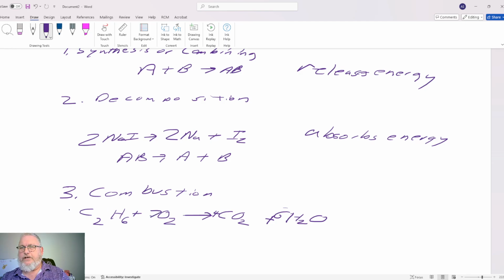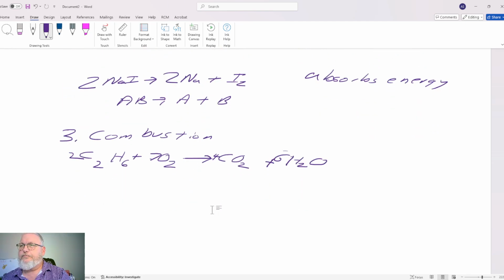And now that was a 2 because it was a 1. So that gives me 4 carbons, 12 hydrogens, and 8 plus 6 is 14. I've got 14 oxygens. The atoms are now balanced. That's what I want. Okay, so good.